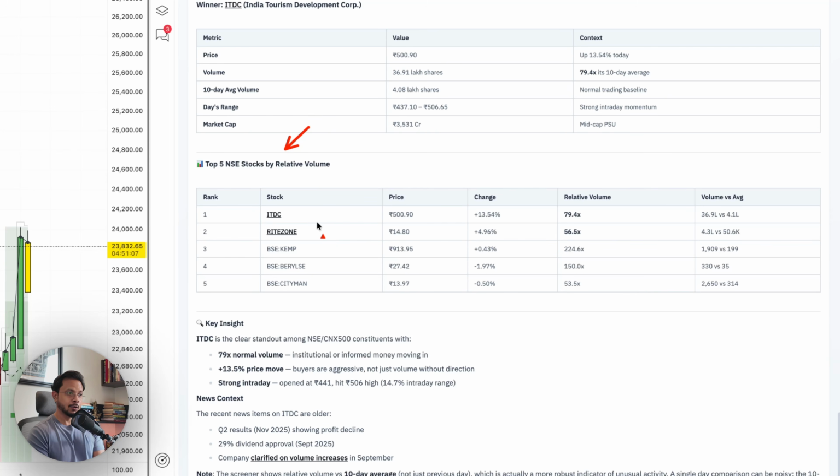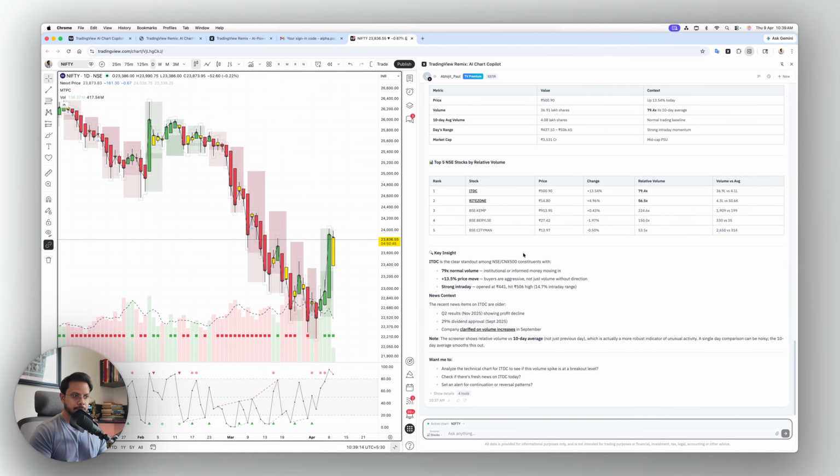This is good. I just asked for one stock, and it's giving me the top five NSE stocks by relative volume. So you have four more names, out of which I think three are in BAC, and that's why they are not clickable. I have NSE real time data. I don't know what will happen if I click on this. Will my chart change or not? I doubt that. But let me first get finished with it.